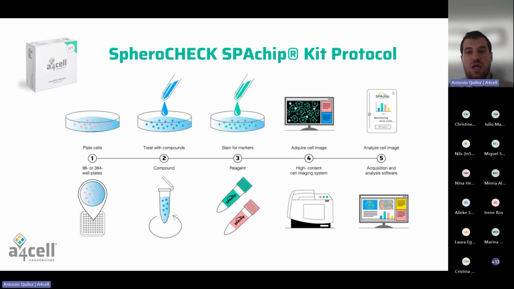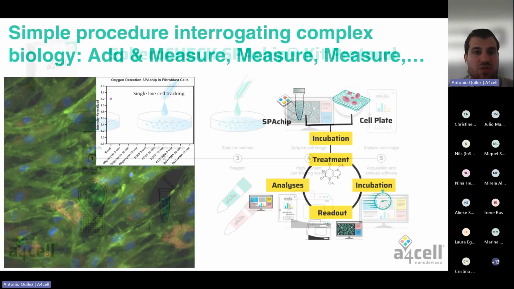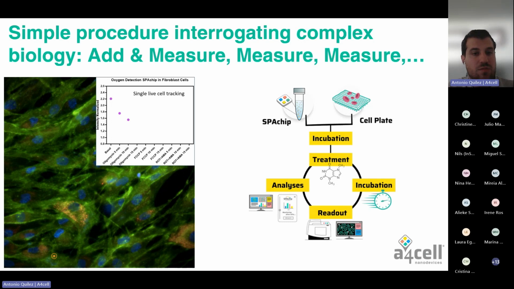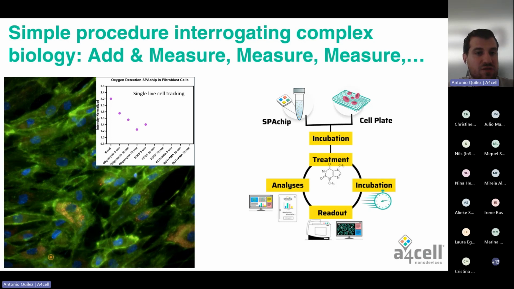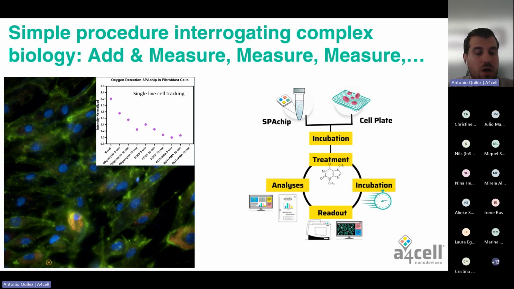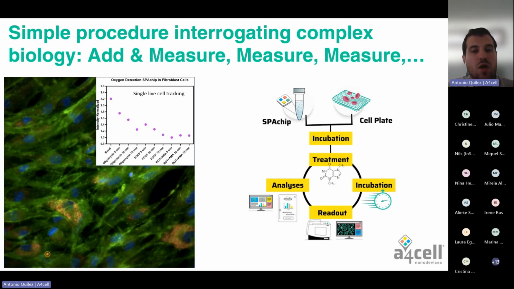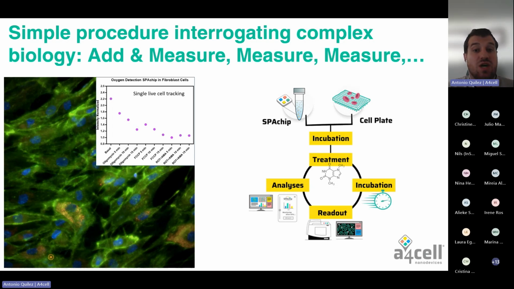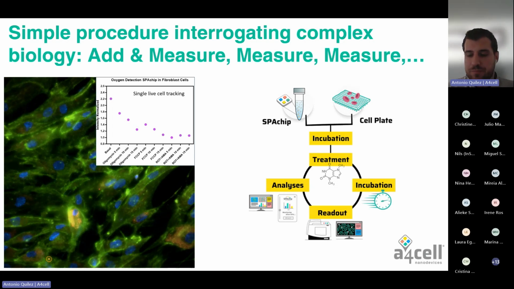So this is the highest added value of the technology, the possibility of interrogating responses of the cells over time. So we can add different treatments at different time points and simply follow up how these different readouts change over time to gather information on what's happening inside the cells.